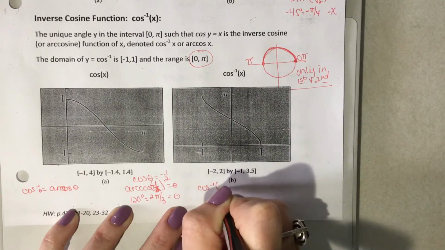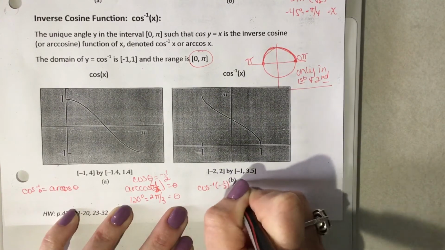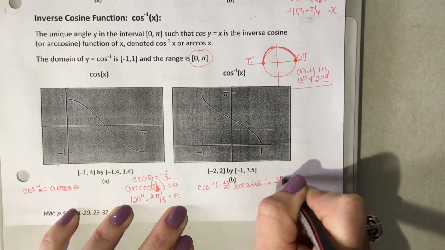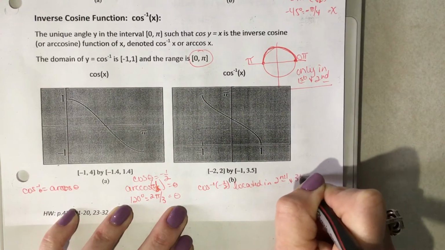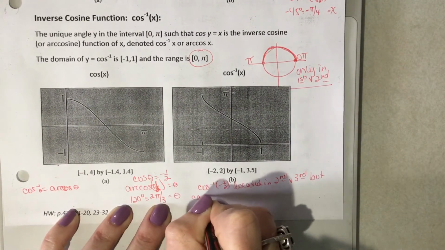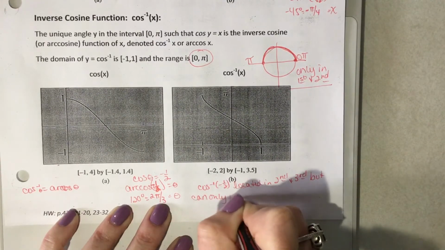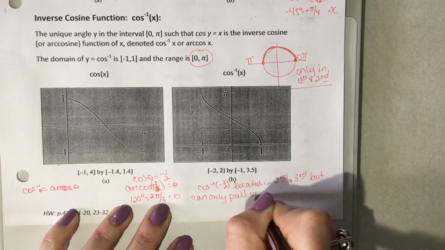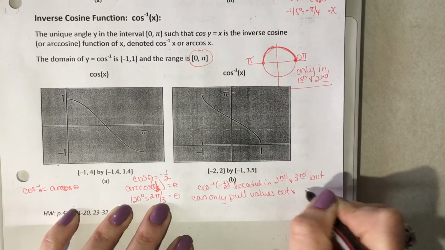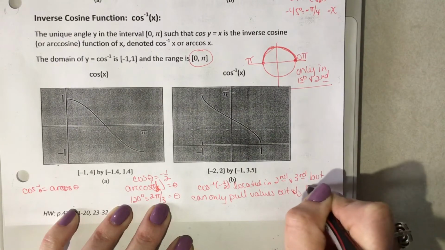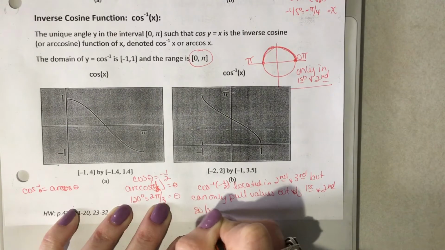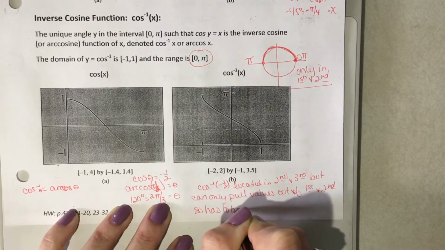In other words, inverse cosine of -1/2 is located in second and third, but I can only pull values out of first and second. So it has to be the second quadrant.